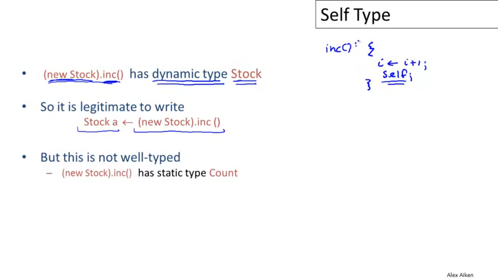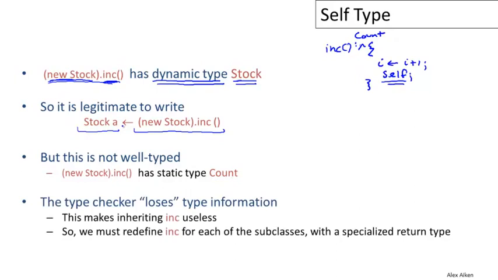All it knows is that increment is declared to have return type Count, which is certainly correct because every Stock object is also a Count object. It's just not useful in the context of this piece of code. And so the type checker loses information, which makes it not very pleasant to try to put the increment method in the Count class to begin with.